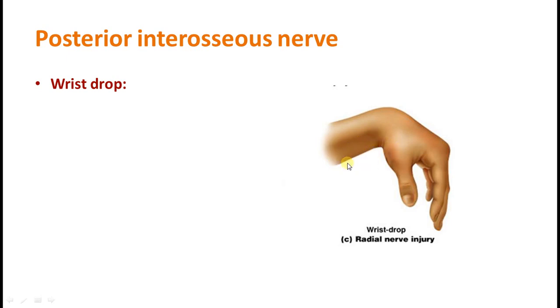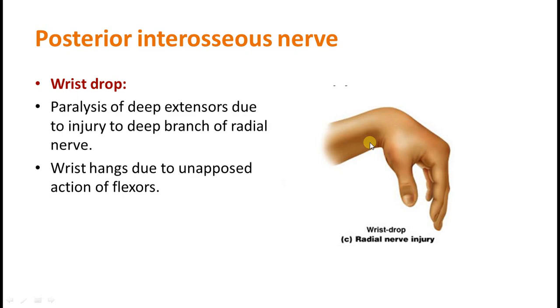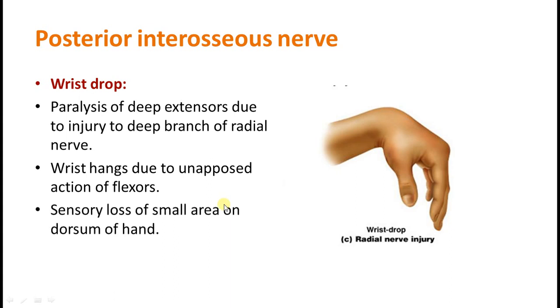Because of the unopposed action from the extensor, the flexors flex the wrist and your wrist drops, and that is why it is called wrist drop, due to the injury to the deep branch of radial nerve, that is the posterior interosseous nerve. Okay. So paralysis of deep extensors, so wrist hangs due to unopposed action of the flexors. Also there is a sensory loss here on the small surface on the dorsum of the hand.